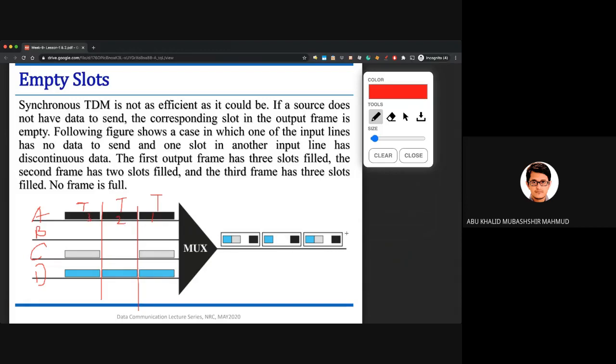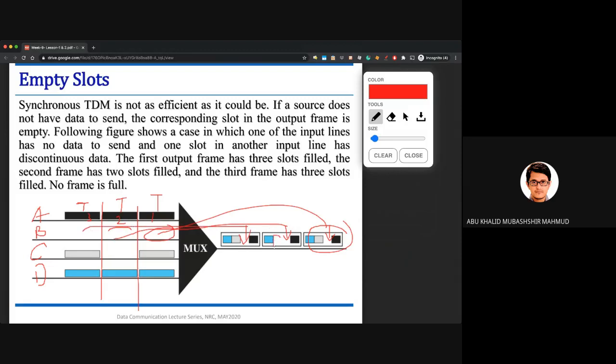In the first frame, because there is no data for channel B, this time slot is empty, and this is true for the next frame and the next frame also.